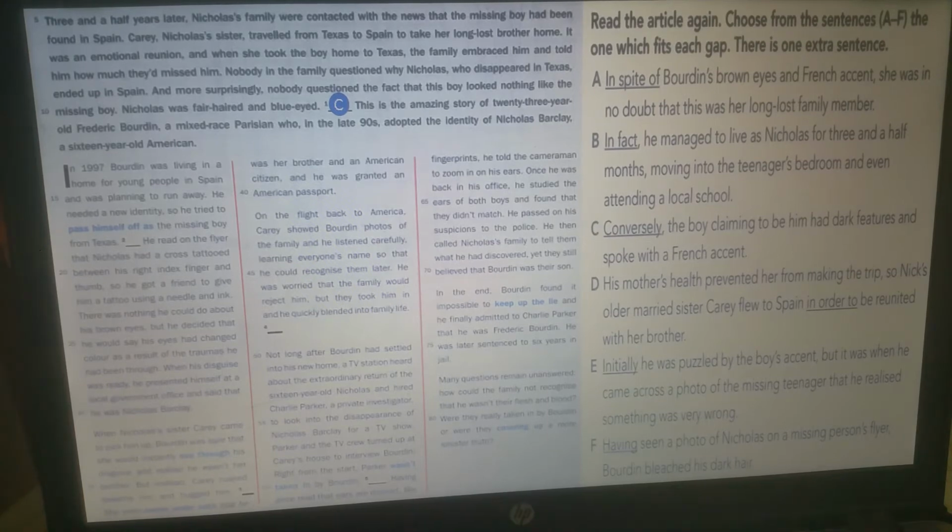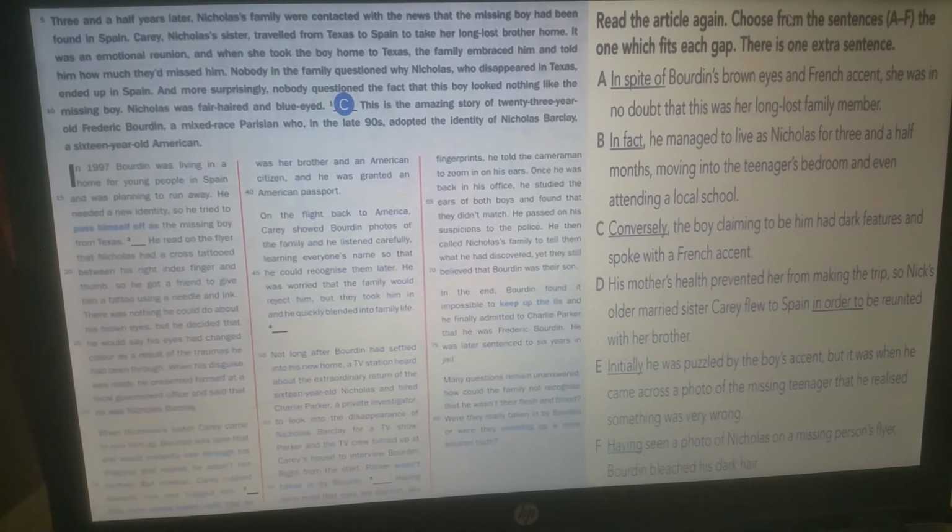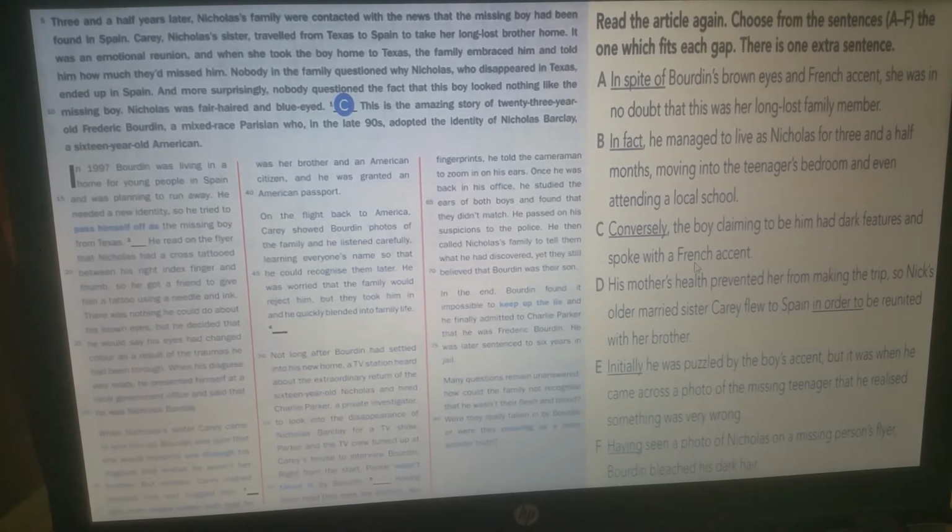The correct answer is C. Conversely, the boy claiming to be him had dark features and spoke with a French accent. So, why have we put C? Nicholas was fair-haired and blue-eyed. These are the characteristics of Nicholas.